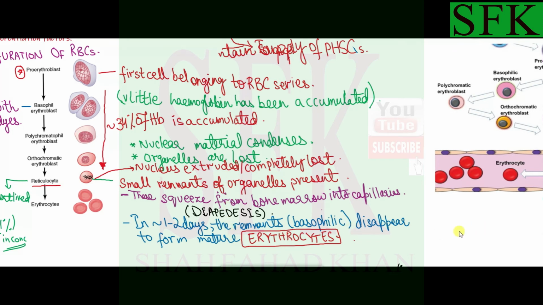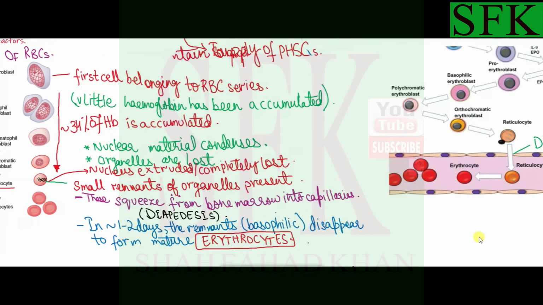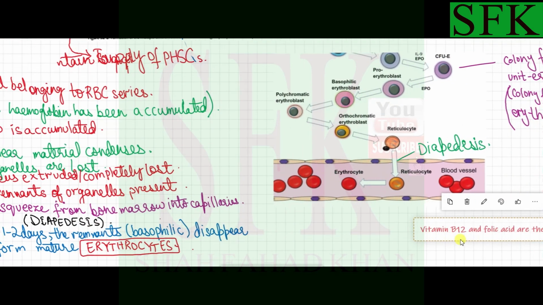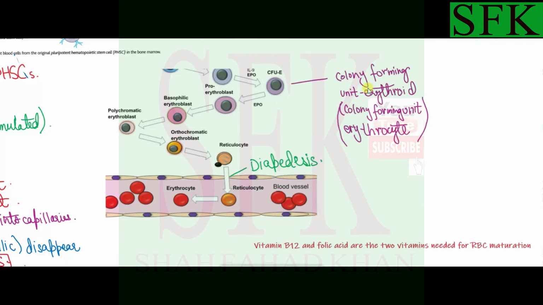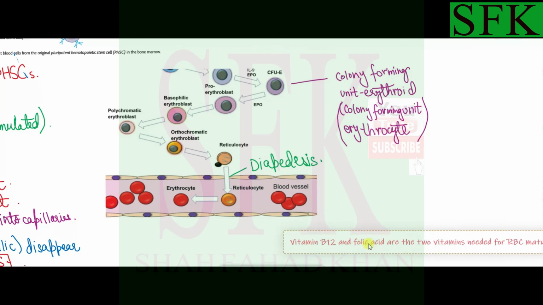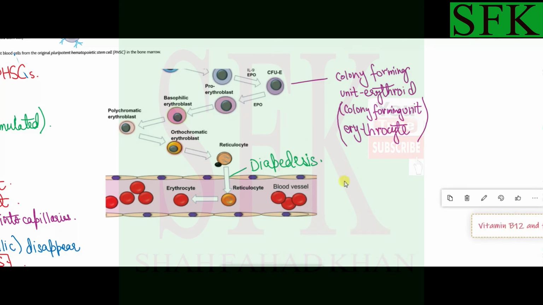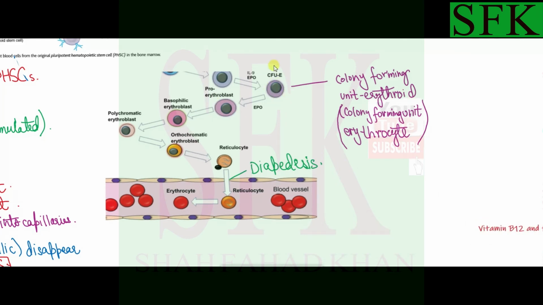Okay, now I've also drawn a diagram over here. Let's look at it. Over here, colony forming unit erythroid, or colony forming unit erythrocyte basically. I've started from here, CFUE.